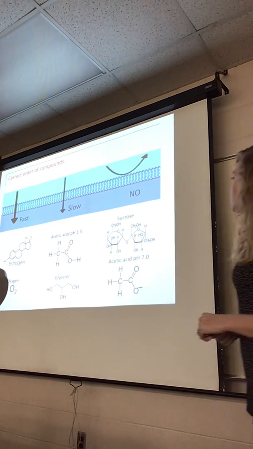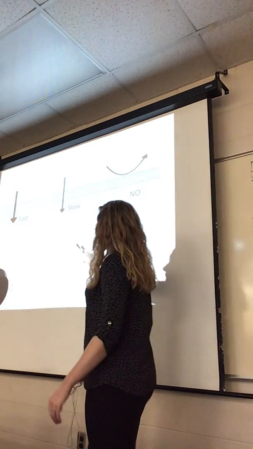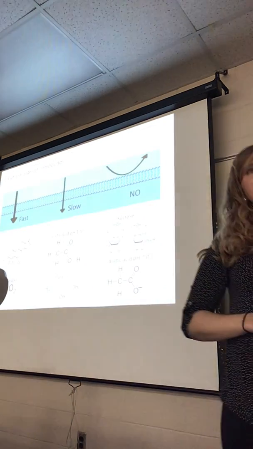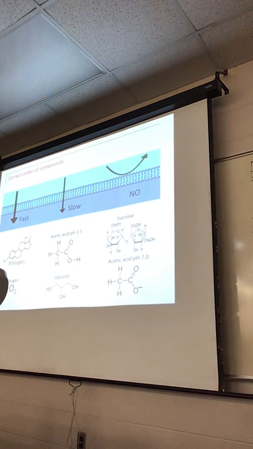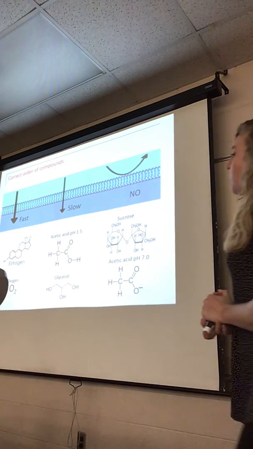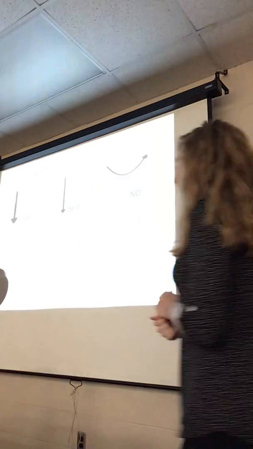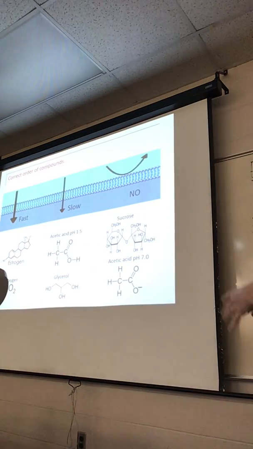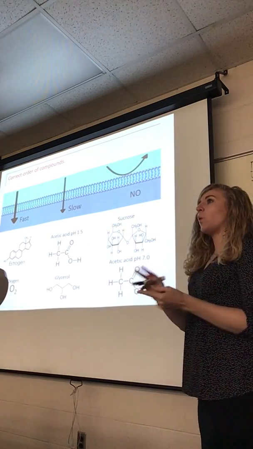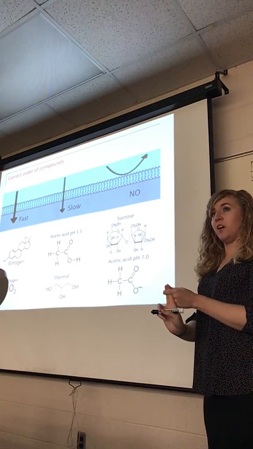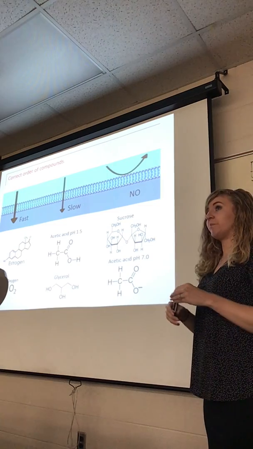Now what usually confuses people the most is that it has acetic acid pH 1.5 and acetic acid pH 7 on here. Because they're like, it's the same thing. I don't understand why they're different, okay? Notice that when we look at our not at all category, our macromolecules or ions, things that are very large or ions are going to be in the category of they cannot pass through at all without a carrier or an ion channel.